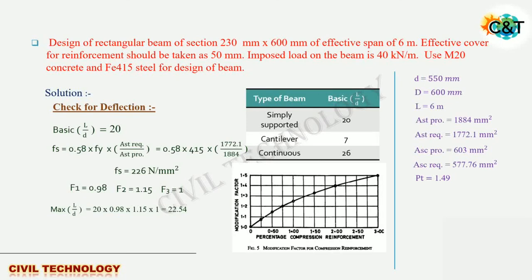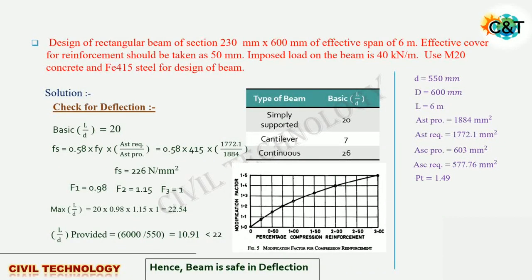Let's see how much we provided based upon our dimensions of the beam. The L by D that we provided is 6000, the effective span, divided by effective depth 550. That value comes out to 10.91, which is much lesser than the permitted 22.54, which means our beam section is safe in deflection.